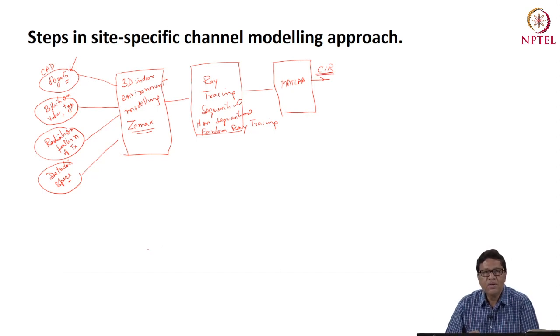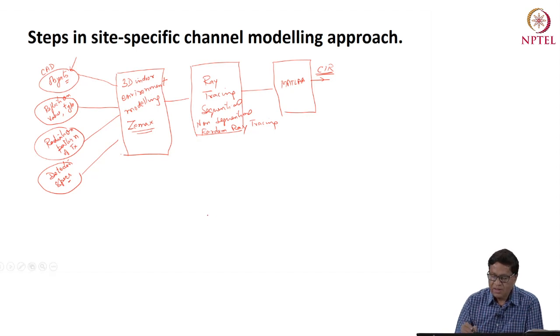So this is how, when you want to model a particular channel, these are the different steps which are involved, because each environment may have a different type of setup. For example, there's a factory or an office environment, or a hospital, for example.